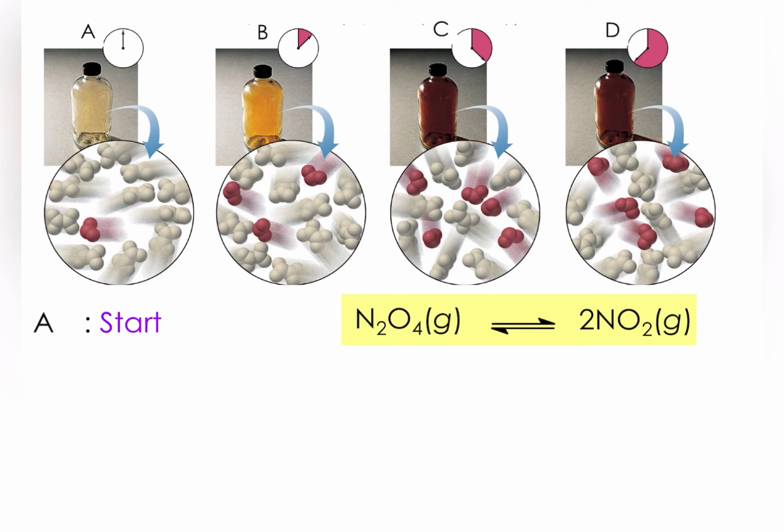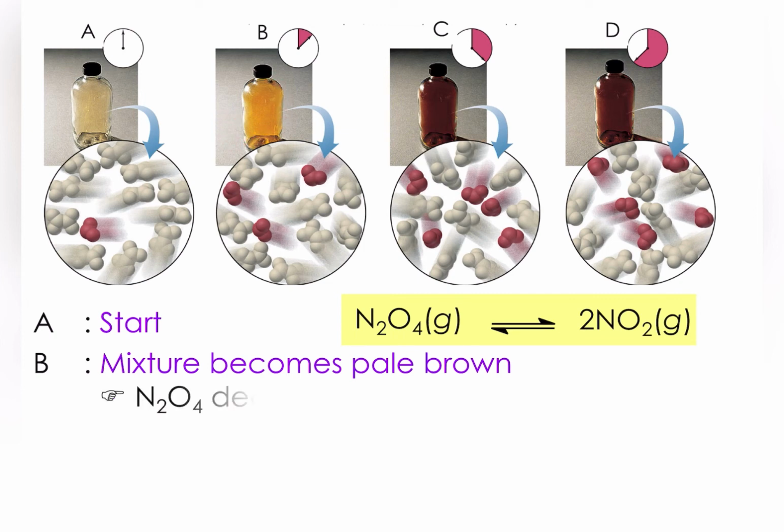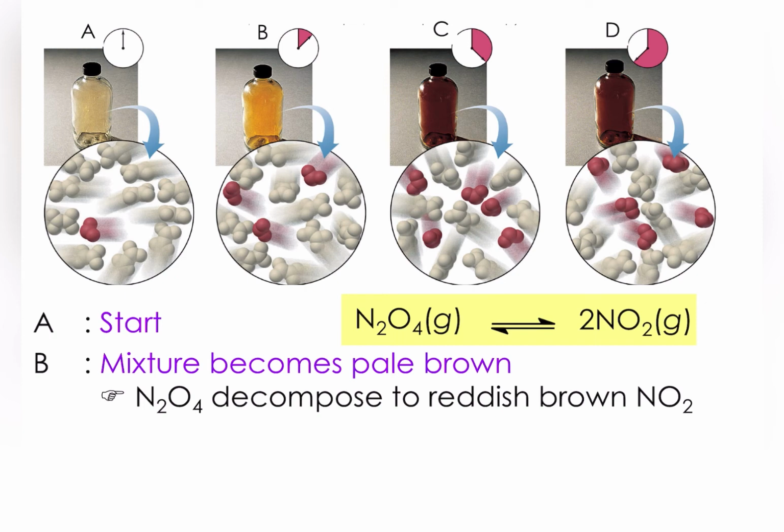At condition B, the mixture becomes pale brown, as you see just like this color. And ini menunjukkan N2O4 decomposes to reddish brown NO2. This is the forward reaction. And after that, once the product reddish brown NO2 forms, this NO2 straightaway will dissociate to form N2O4 back.